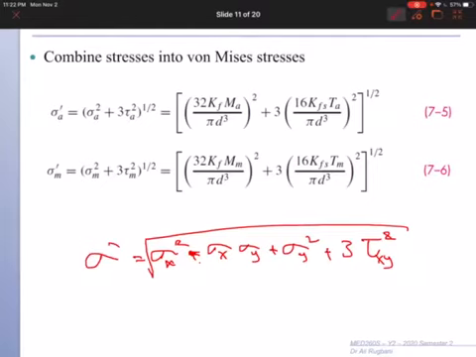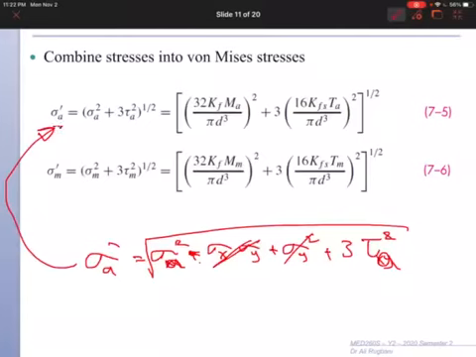We apply it here. If you combine alternating normal stress and shear stress, you will get alternating von Mises. So this will be alternating and this will be alternating, and we don't have these. So this will be reduced to this formula.